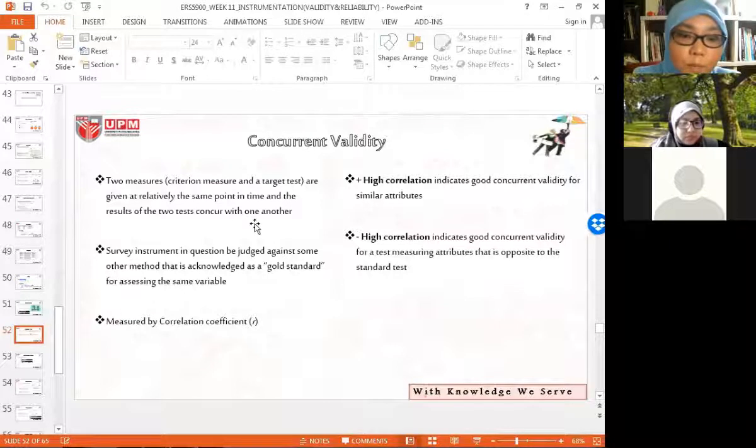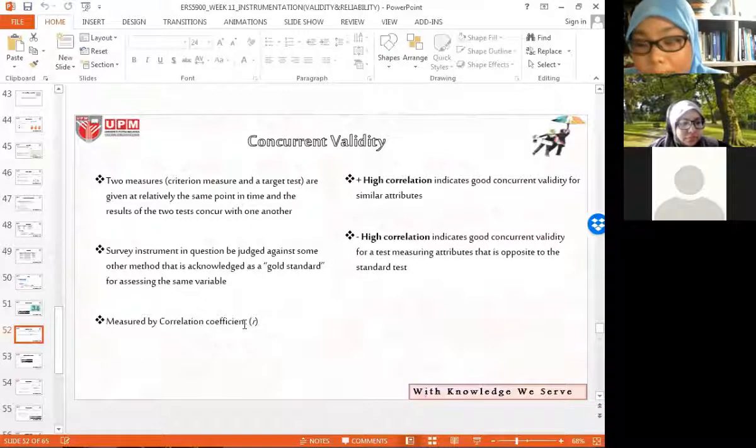Okay, the survey instrument in question be judged against some other method that is acknowledged as a gold standard for assessing the same variable. Okay, measured by correlation coefficient, which is high correlation indicate good concurrent validity for similar attributes, and negative correlation indicates good concurrent validity for a test measuring attribute that is opposite to the standard test.